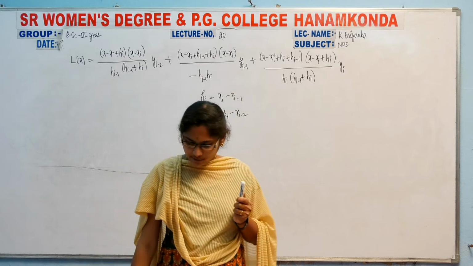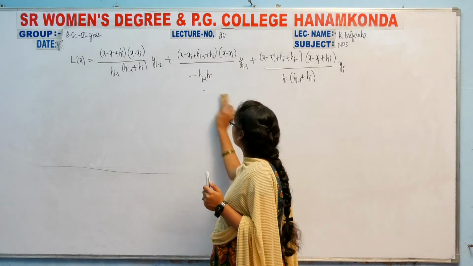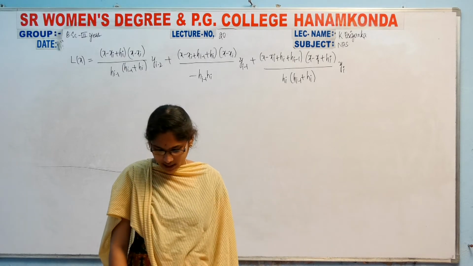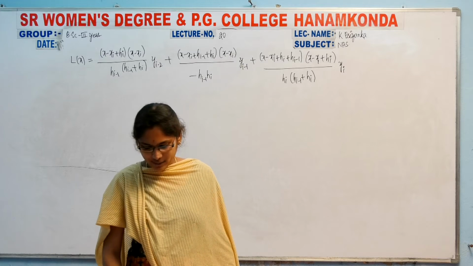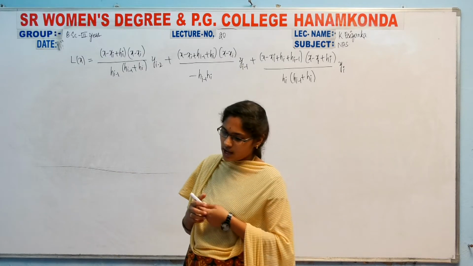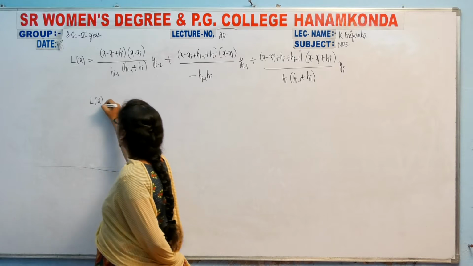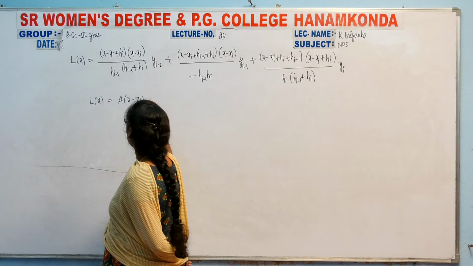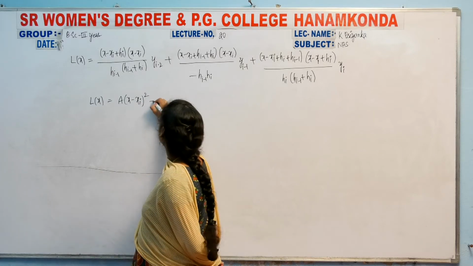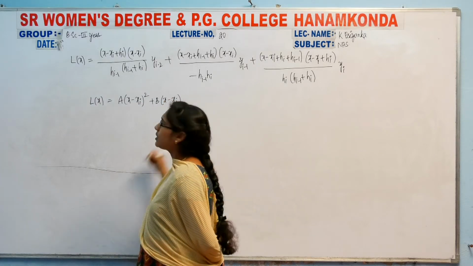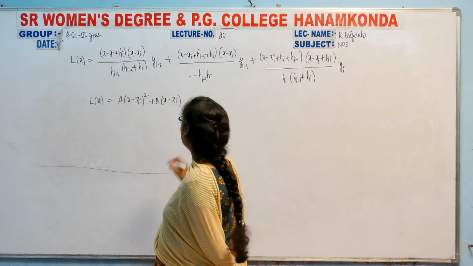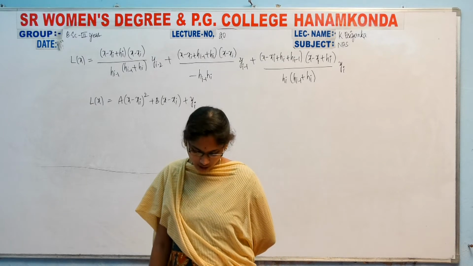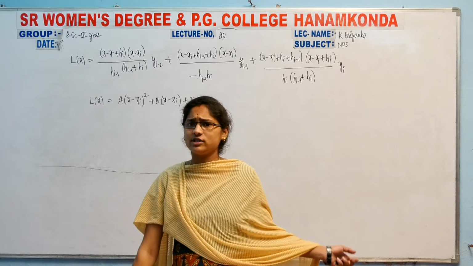Next step, step 4. By solving the above equation, we have L of x is equal to A of x minus xi whole square plus b of x minus xi plus a constant. They mentioned a quadratic equation, so that's why we are taking the quadratic equation, and the last one is nothing but the constant. Now we have to know the value of A and b.